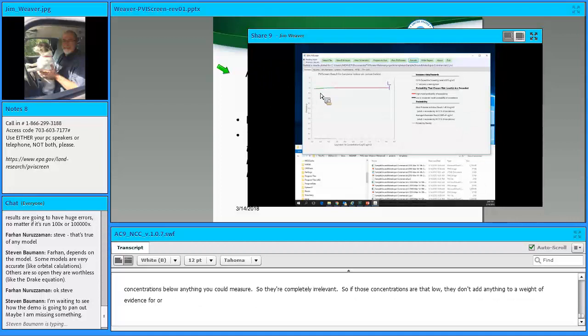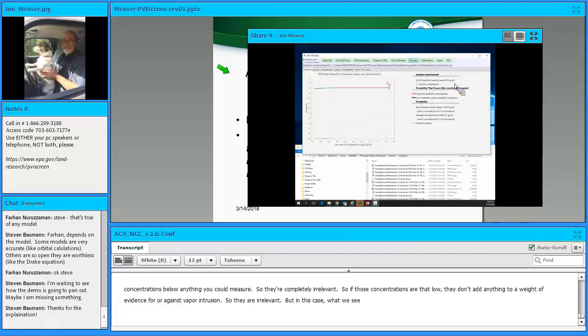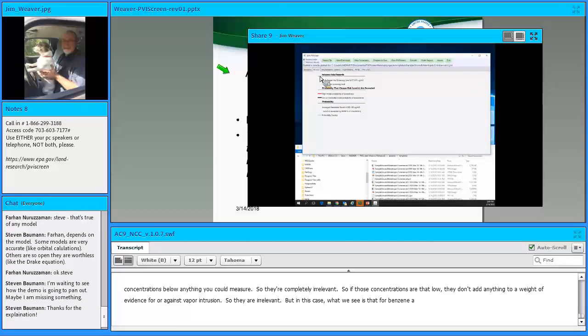But in this case, what we see is that for benzene, the 1,000 runs didn't indicate the potential. You can look at toluene. The model turns off the graph if those concentrations are too low. Here's 0% exceeded the screening level.